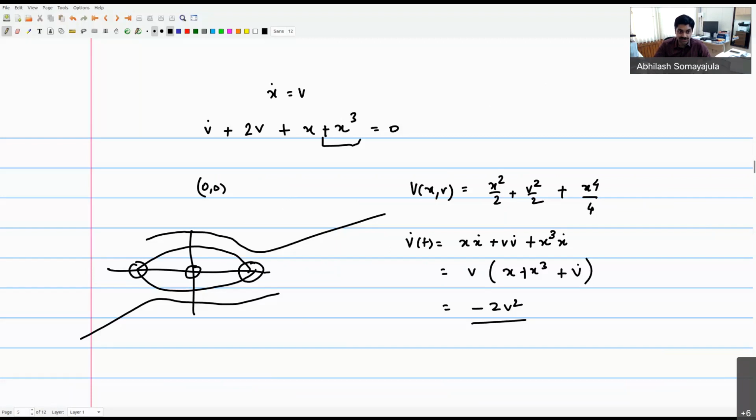But when I introduced x plus x cube, how many equilibrium points does the system have now? Okay, go ahead, find out the equilibrium points for this system.